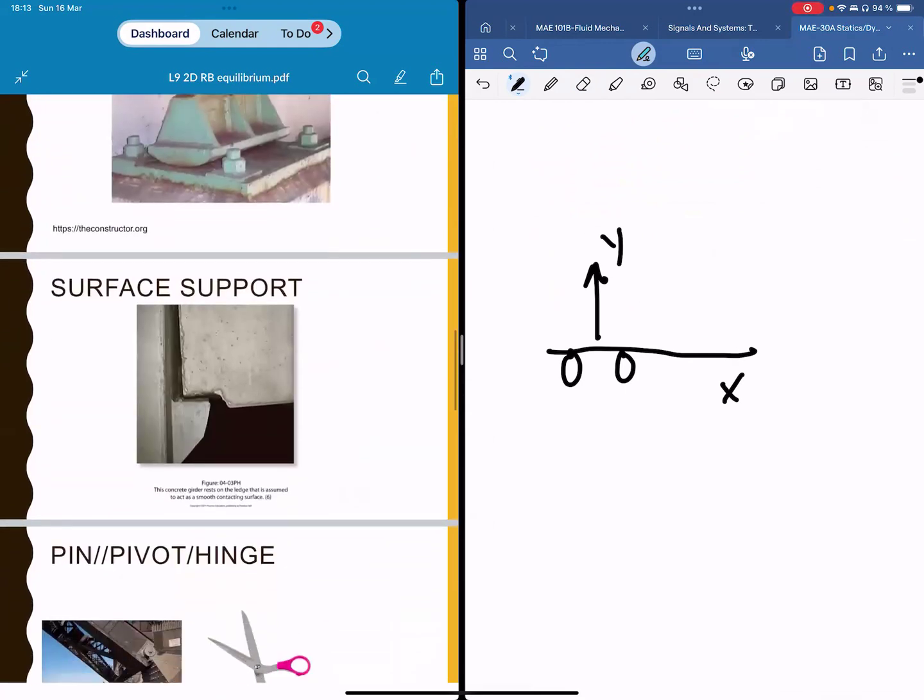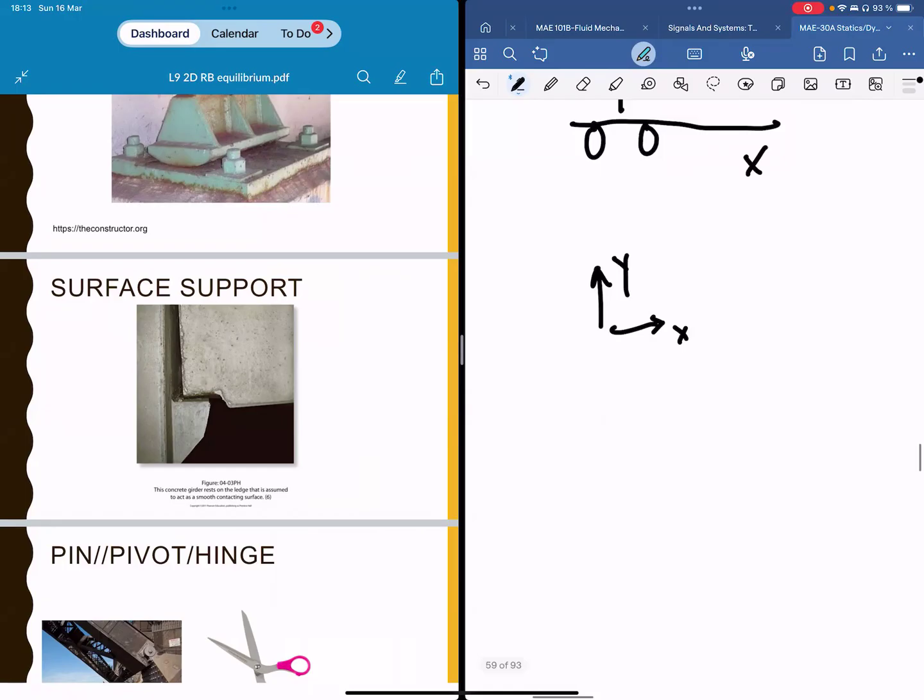We saw rockers, surface support. This type of surface has both components, X and Y. Try to push it, try to lift it, it won't let you, right? Well, technically it is presenting a force in the downward Y direction, but if you pull up in the Y direction and have enough strength, you could lift it up. It's not presenting a force in that direction.